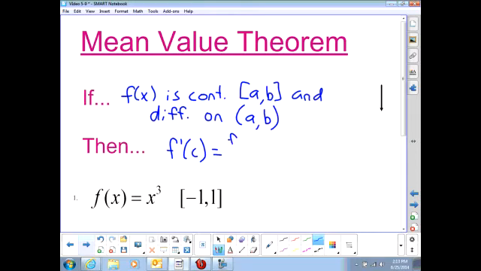So that means we're doing f of b minus f of a over b minus a. And you could write that as f of a minus f of b over a minus b, as long as you're consistent with what you're doing. And just like the other one, that's assuming that c is in the open interval AB. So somewhere in between a and b, the slope of that tangent line should be equal to the slope between the two endpoints.